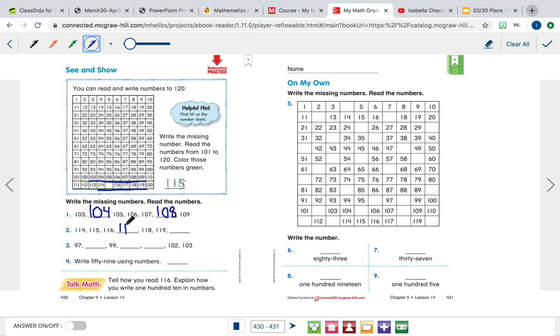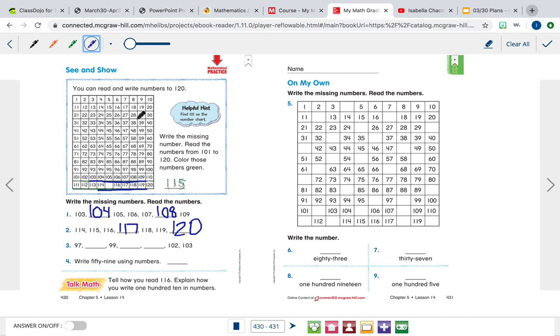I love hundreds charts, and I hope you love them too because they're so helpful. All right. Then we have 118, 119. And then, what's our last number right here? Our missing number. 120. That's a big 0.